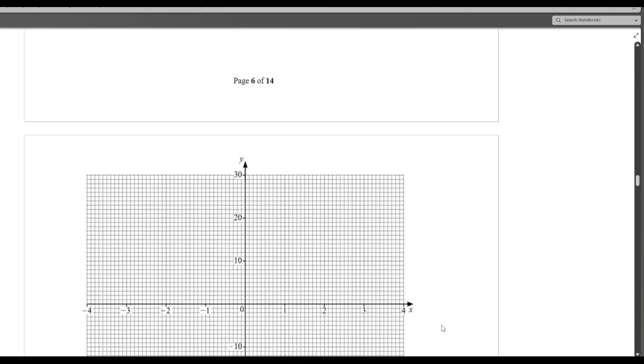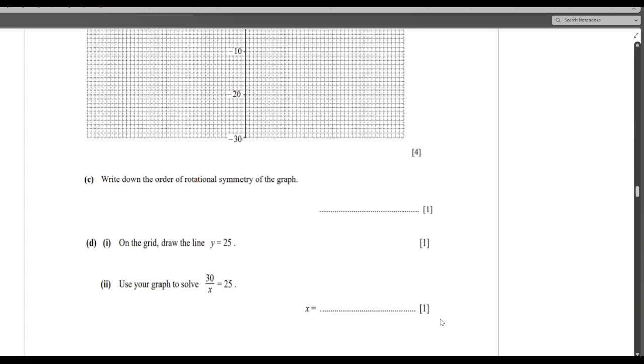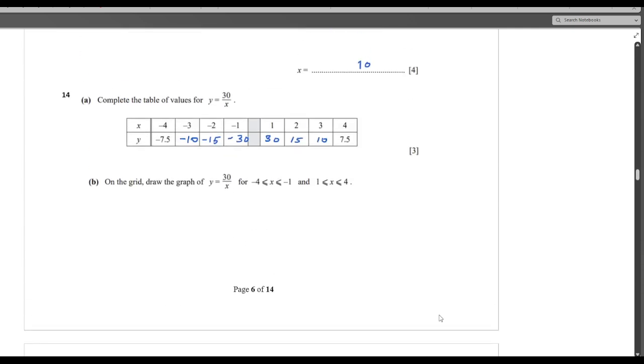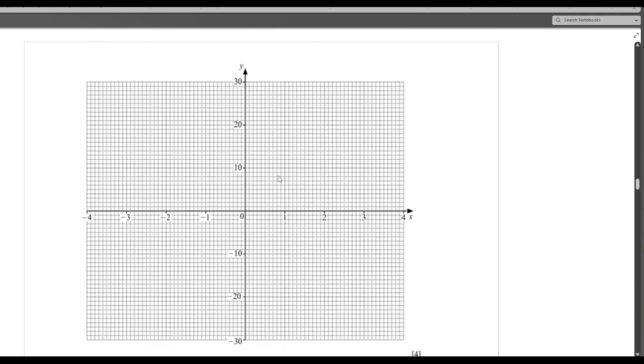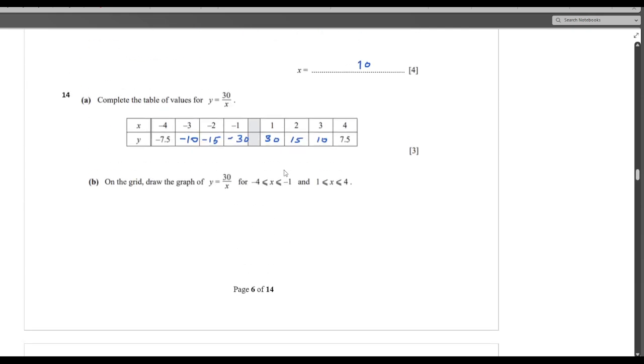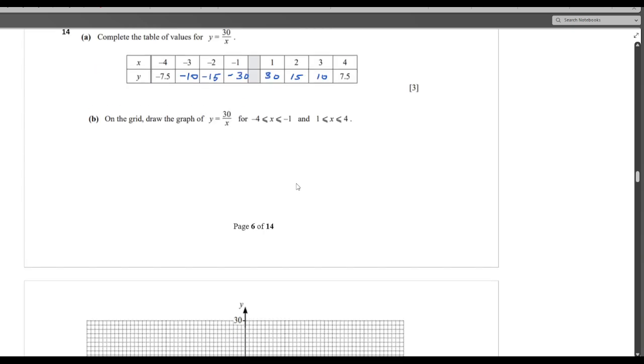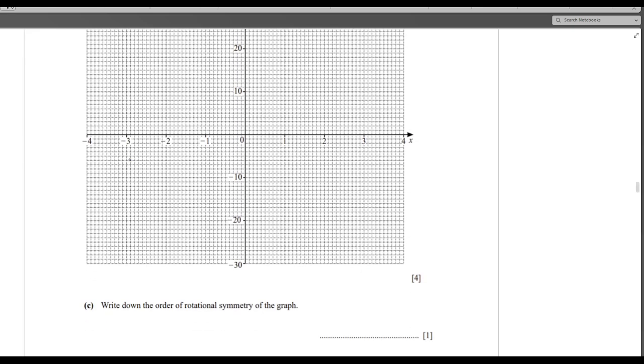Now write down the order of rotational symmetry of the graph. Okay, on the grid draw this graph. The second question is on the grid I have to draw. So between -4 to -1, for -4 the value is -7.5.